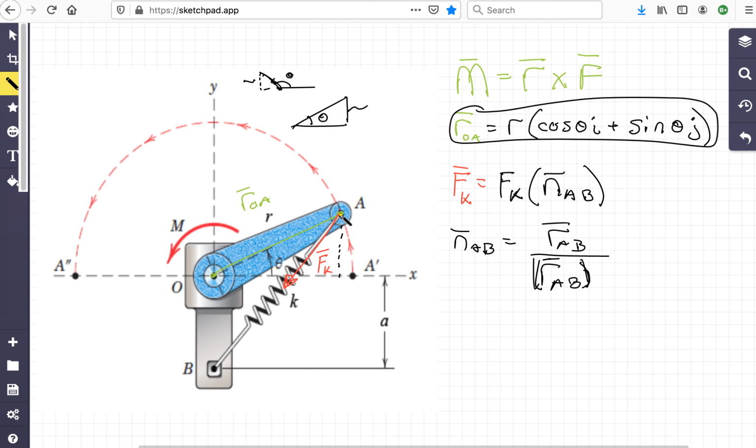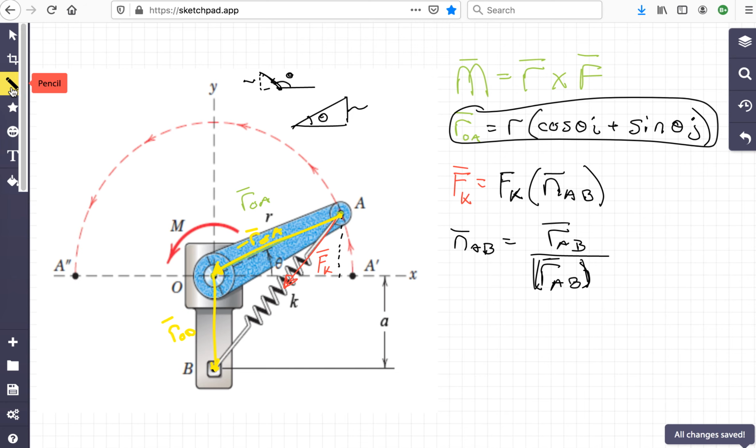And we know that from this point to this point is RAB. So what we can do is add this vector here, call that negative ROA vector, plus this vector here, called ROB vector.